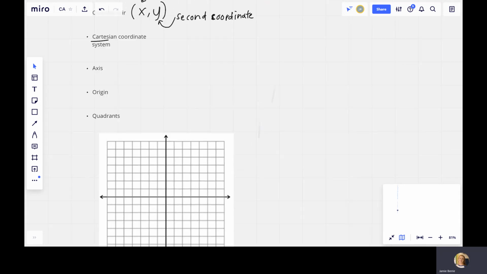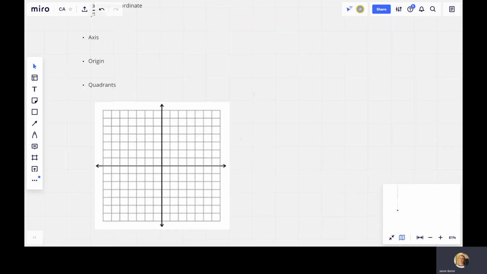The axis here is represented as this bolded line here. We typically refer to this horizontal axis as the x-axis, and the vertical axis we typically refer to as the y-axis. But again, you could use any variables here. Just depends on your problem. All right, so we have a vertical and a horizontal axis.